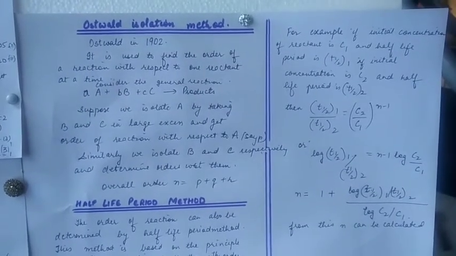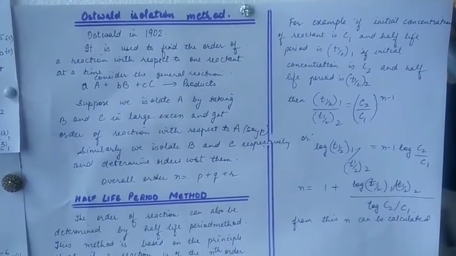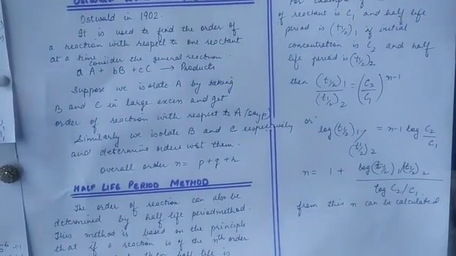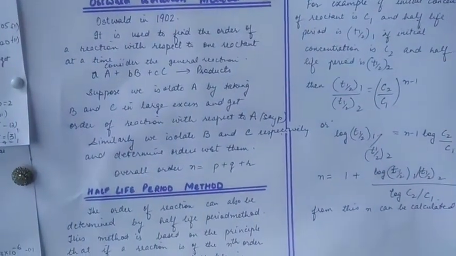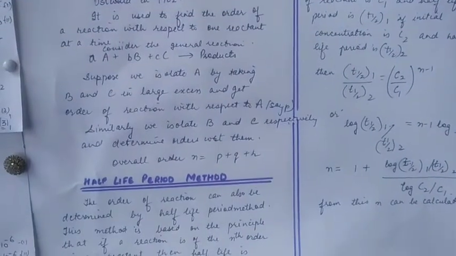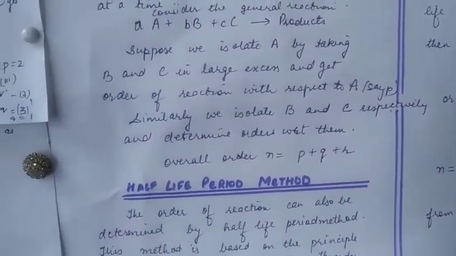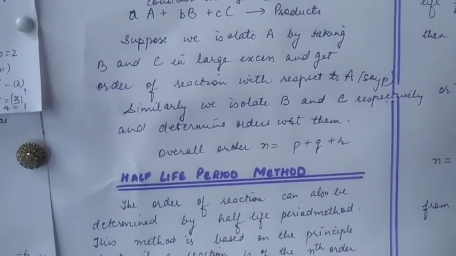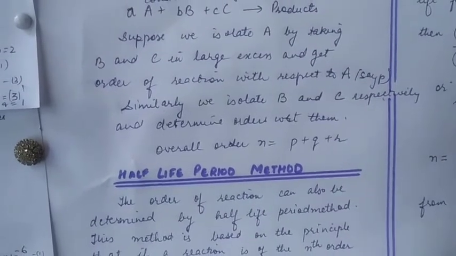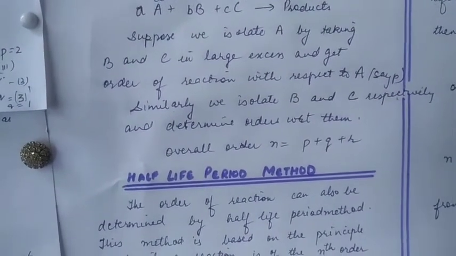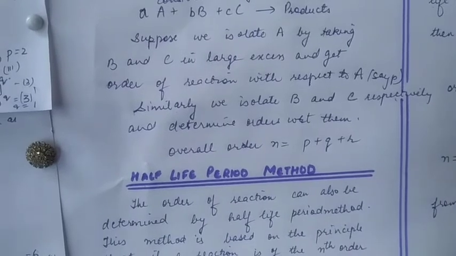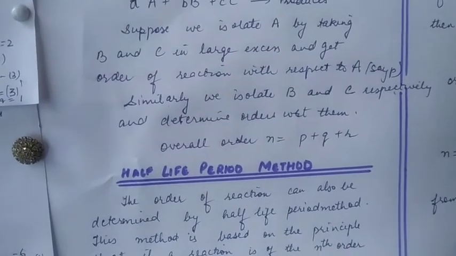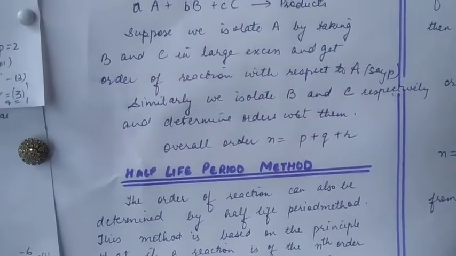In the Ostwald isolation method, we find the order of reaction with respect to one reactant at a time. For this, we isolate one reactant by taking the other reactants in large excess and then get order of reaction with respect to that reactant, just like we did in initial rate method.